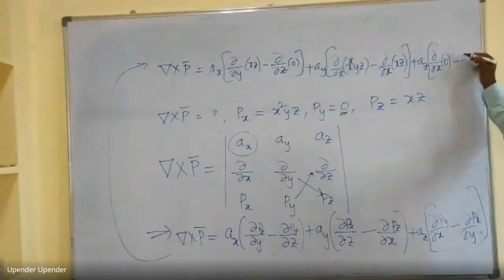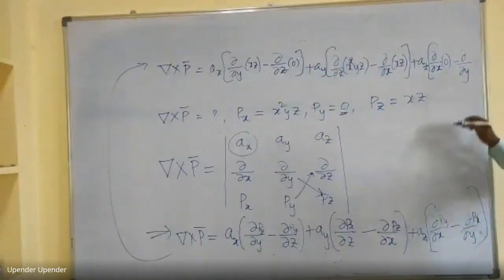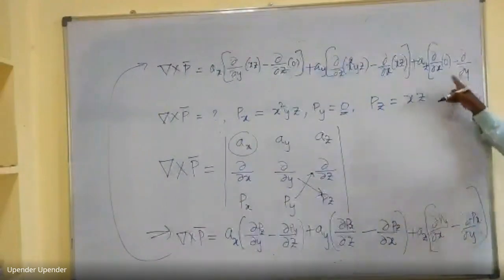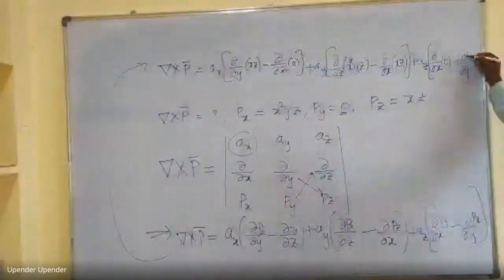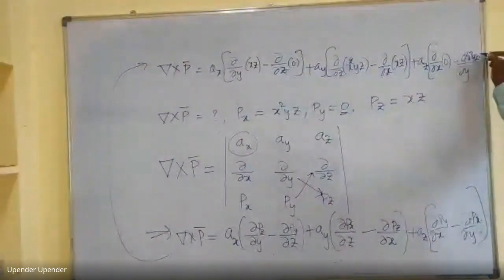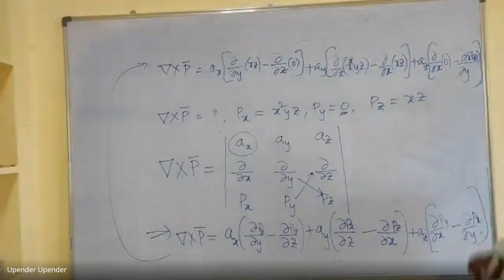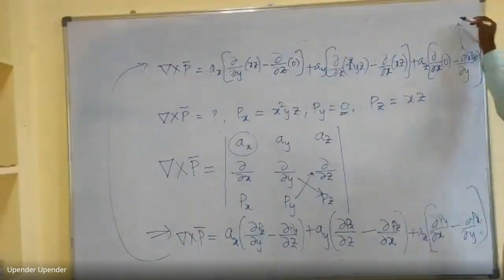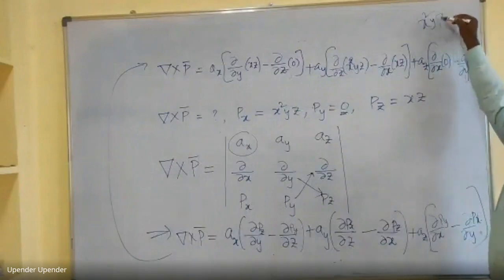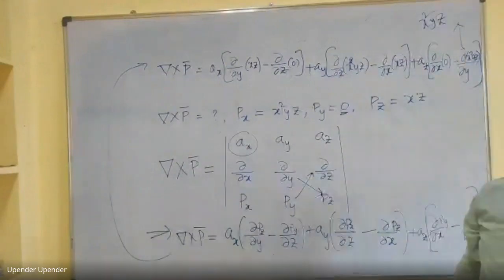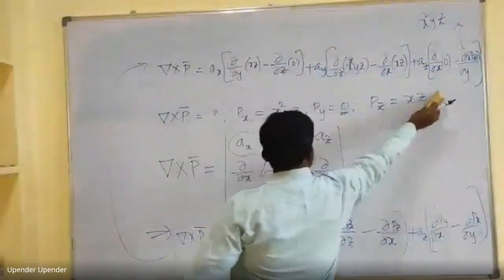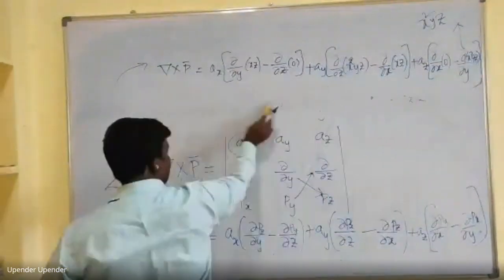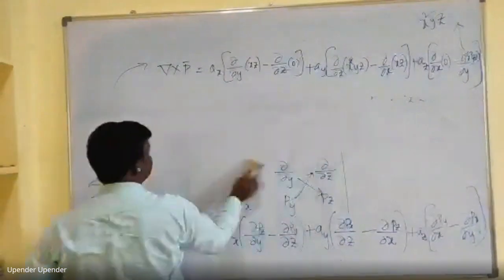And after x, you need to go for y, and the x component, that is x square yz. Now simplify this. You will get ax.